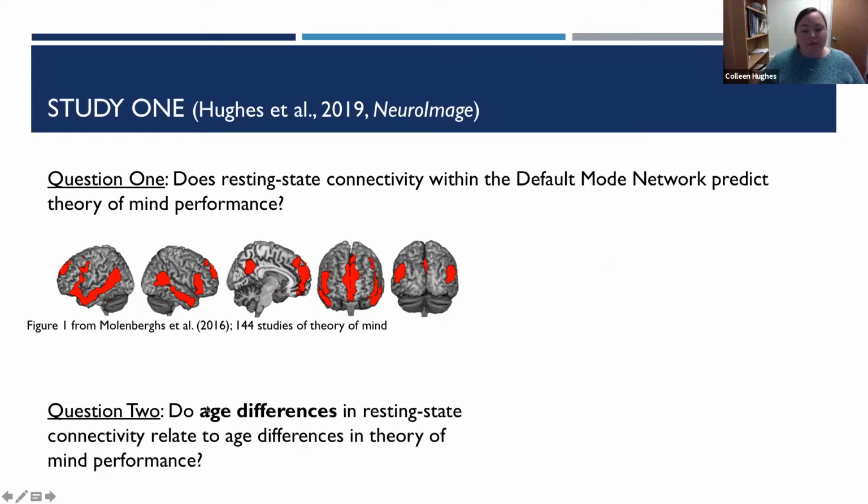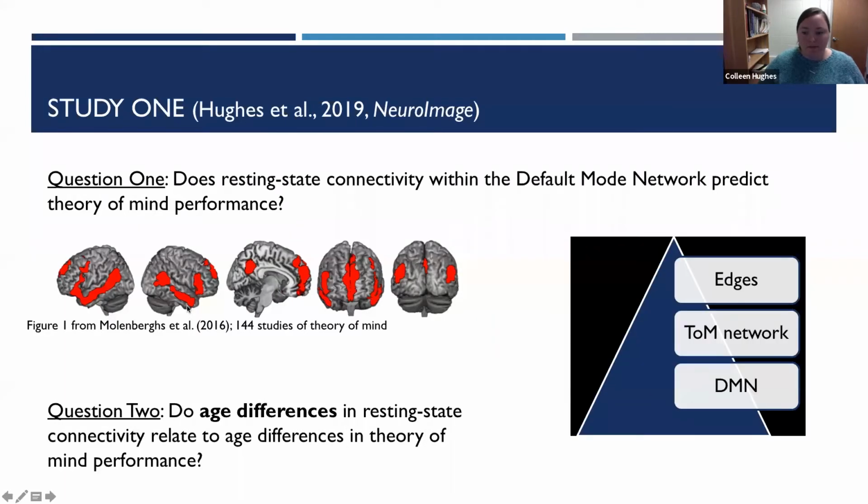And then we were interested in whether or not age differences at rest explain the age differences in performance. And what's cool about this study, that I think is pretty important to think about when you're doing network analyses, is, are we talking about more global or more local effects? So here we start at the level of the DMN, which I said is pretty big. It's 26 regions. It covers a lot of brain.